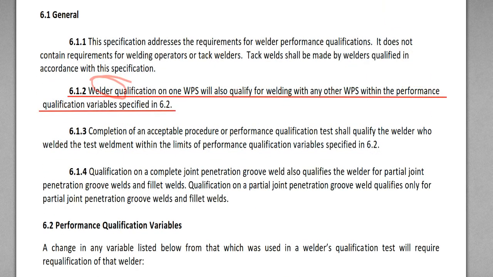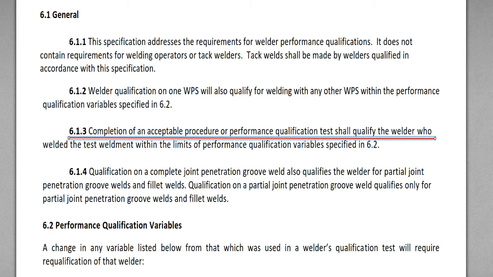So if you have one WPS qualified by this chapter 6 and 6.2, you can use that WPS in many other areas in the welder and welding qualification. 6.1.3 Completion of an acceptable procedure or performance qualification test shall qualify the welder who welded the test weldment within the limits of performance qualification variables specified in 6.2.